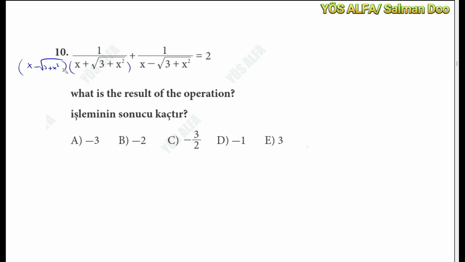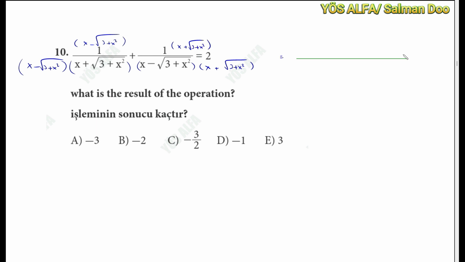Since we are multiplying the denominator by this expression, we should also multiply the numerator by the same expression. For the second denominator, I'm going to do the same step, just like this. Since we have negative, we'll multiply this by positive. So we have the common denominator. I'm also going to multiply the numerator by the same expression.